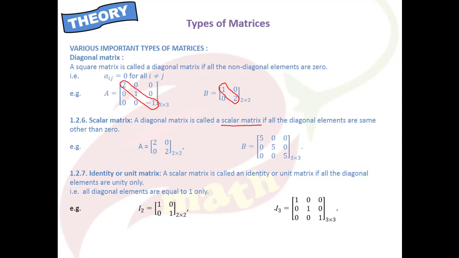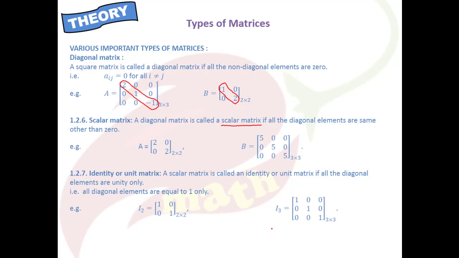It will be a square matrix, a diagonal matrix, a scalar matrix, along with the condition that these diagonal elements will be equal to unity. I hope it is clear.